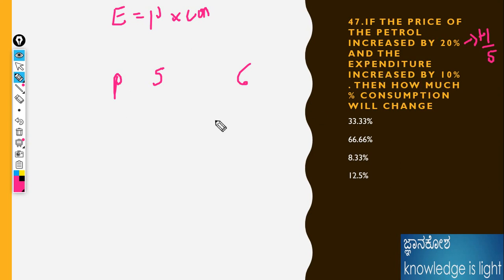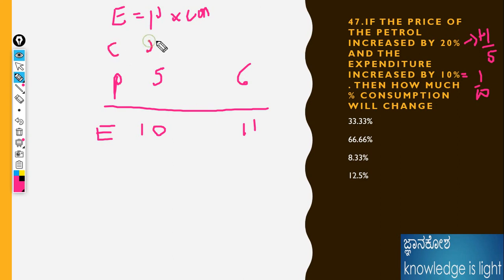Okay, fine. Here only the overall expenditure is given. What is expenditure? Expenditure increase 10% means 1 by 10, isn't it? That will increase, 10 means 11. Here how much change in the consumption we don't know. So consumption we should call x and y values. If this kind of problem, just cross multiply.